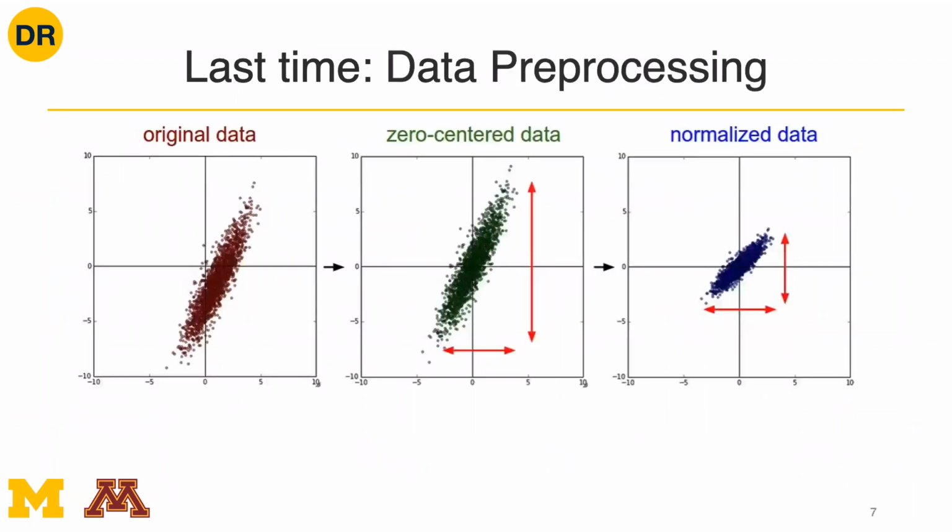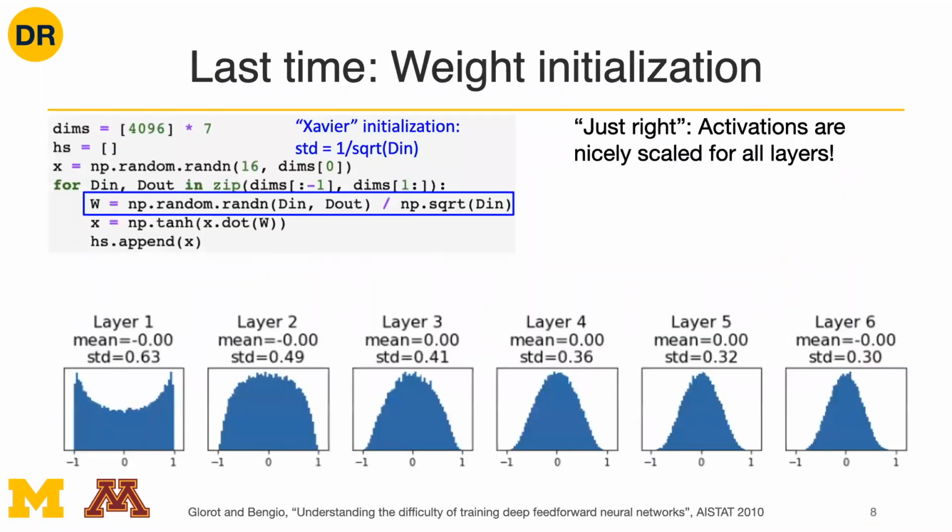We talked about data pre-processing and how this looks like batch normalization, but here we are focusing more on the raw input data than looking at the data from the previous layer. That's the key difference. And we also discussed weight initialization and how to get a sense of what is a good initialization in terms of weight.